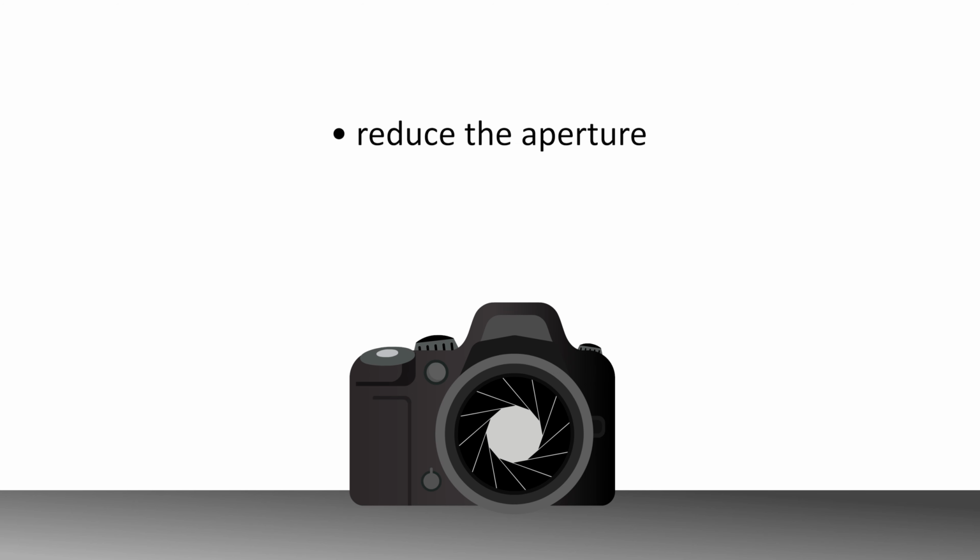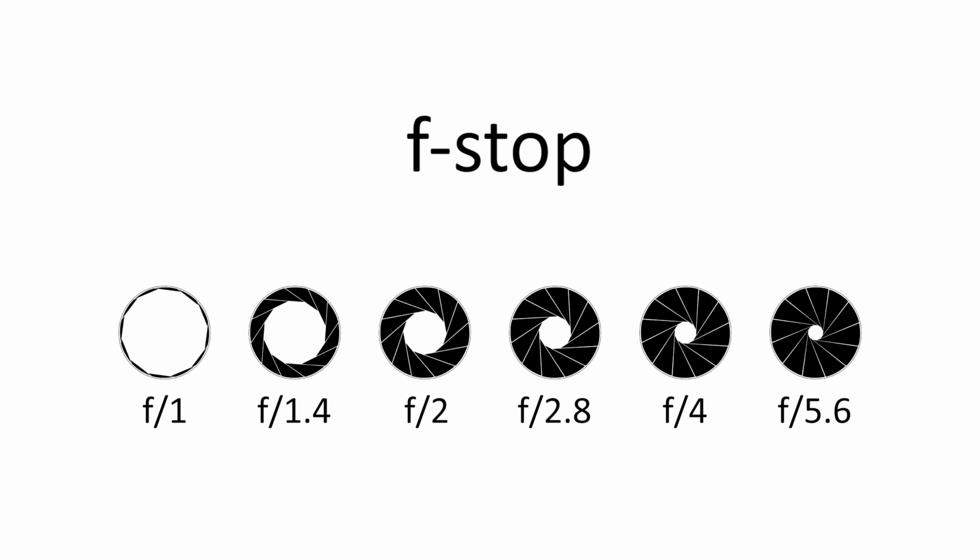Now, to understand this phrasal verb, we need to know a little bit about photography terms. The word stop is just short for f-stop. This is a number that represents the ratio between the diameter of the lens opening and its focal length. So, for example, an f-stop of 2 means the diameter is 1/2 the focal length. An f-stop of 4 means the diameter is 1/4 its focal length, which is smaller.